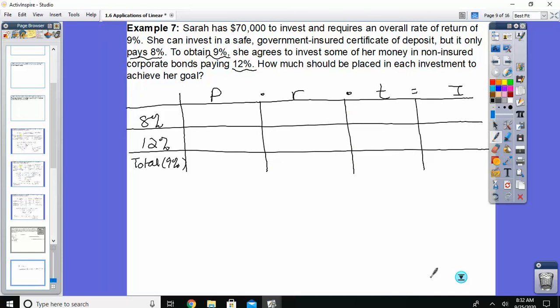So we have an extra column, but we're still just going to fill in the gaps. She has $70,000 overall. Is that the amount she has for 8%, the amount for 12%, or her grand total amount? It's all she has, so it's got to be the total. It's total principal, your total starting amount.